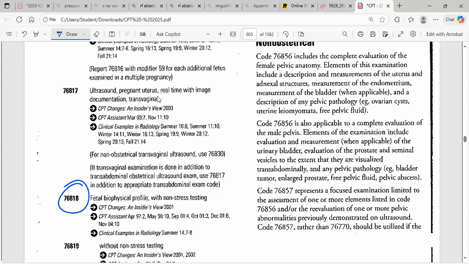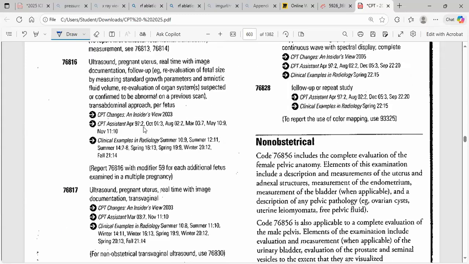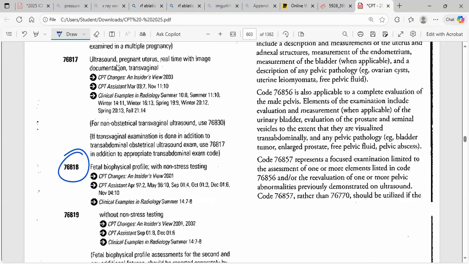Amniotic fluid volume and growth parameters are also included in the ultrasounds, but in the biophysical profile it is not mentioned here. However, these things are included.